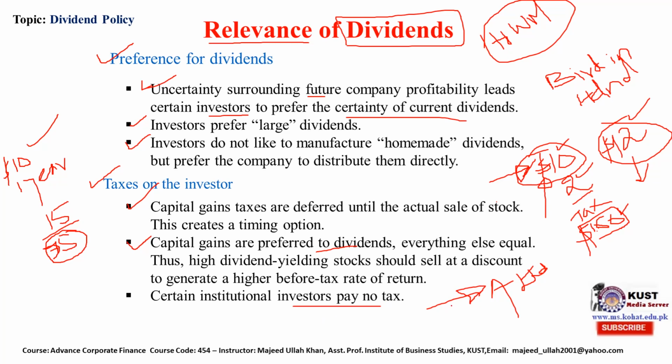So a huge institutional investor in A will contribute to the upward movement of the share. It means that dividend can have a positive impact on the share as well.